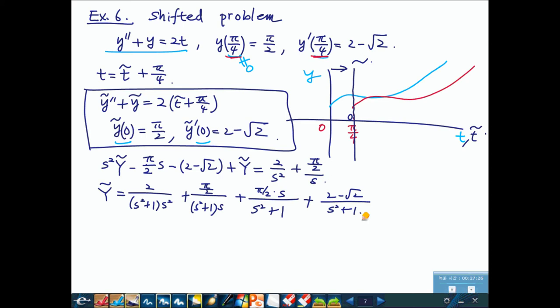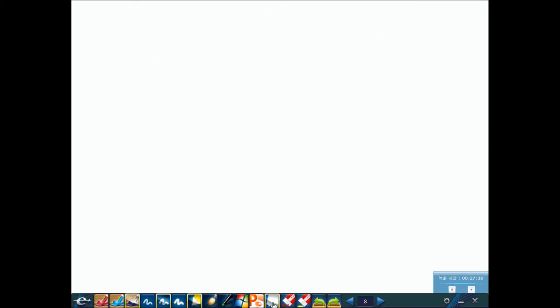So are we done? We have to go back to the time domain, but it's still time tilde; we are in tilde space still. So y tilde is the inverse Laplace transform of big Y tilde: 2t tilde plus pi over 2 minus square root of 2 times sine t tilde.